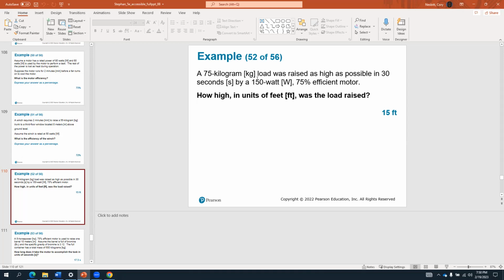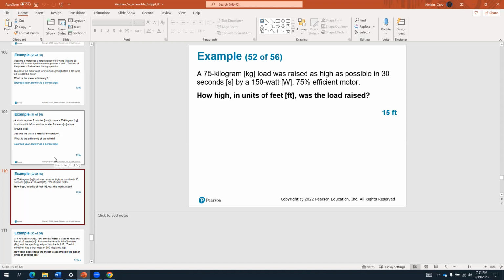Now, it gives you the amount in kilograms. They say a 75 kilogram load was raised as high as possible in 30 seconds by a 150 watt, 75% efficient motor. Now, we know the efficiency, the power the motor produced, the mass of the load, and the time it took to raise this load.